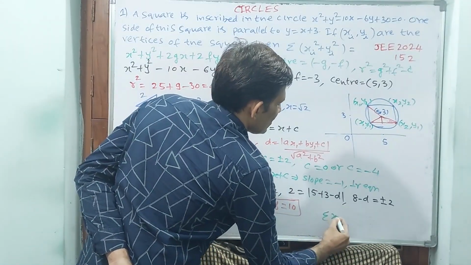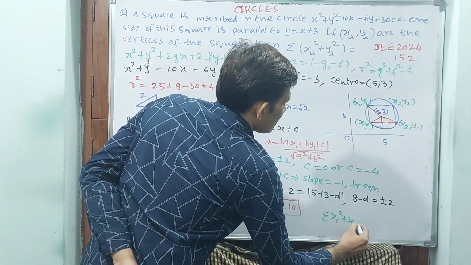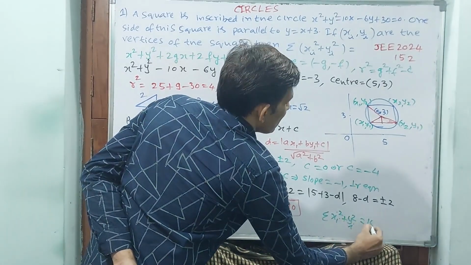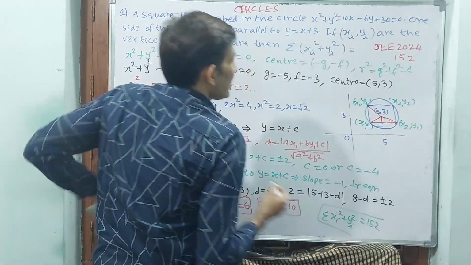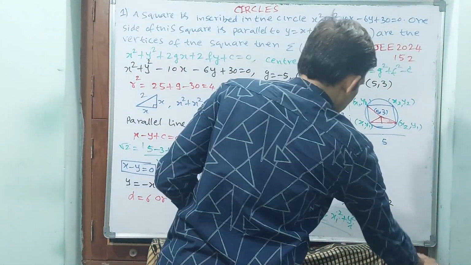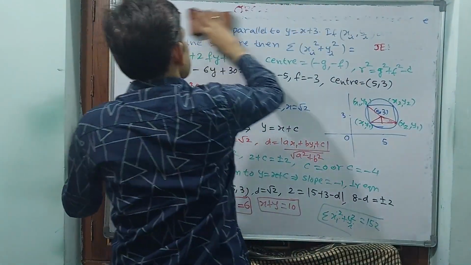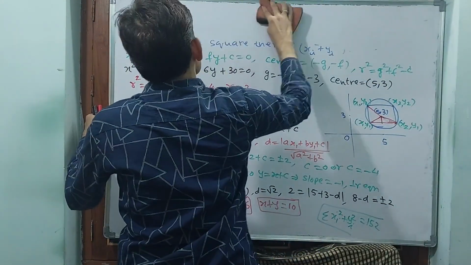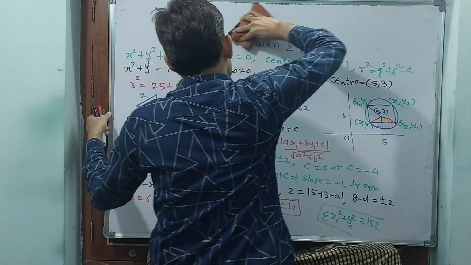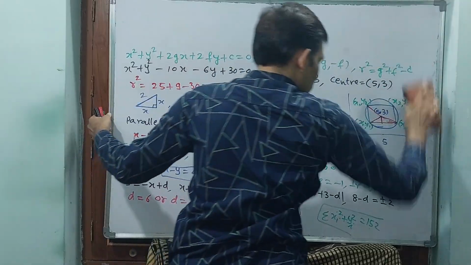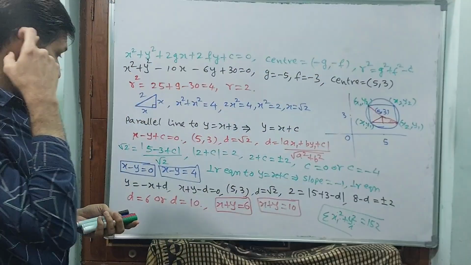I will write like this: sigma xi square plus sigma yi square is equal to 152. You should get this answer. Now I am removing the question. 152 answer should come. I don't have space. Let me solve within this. If not possible, then I am going to remove more. Okay, now come back.